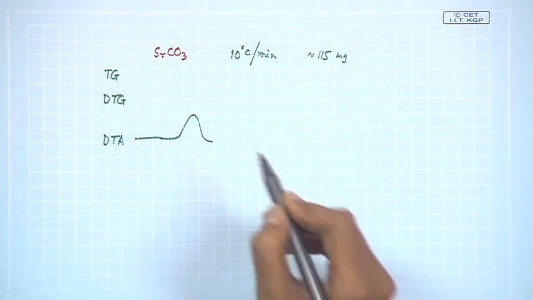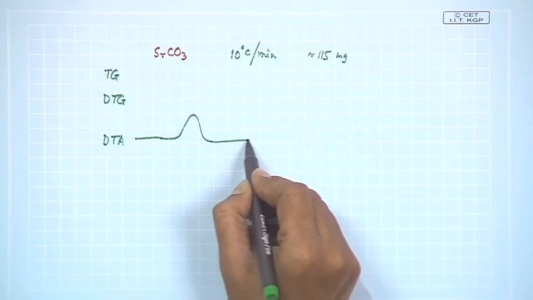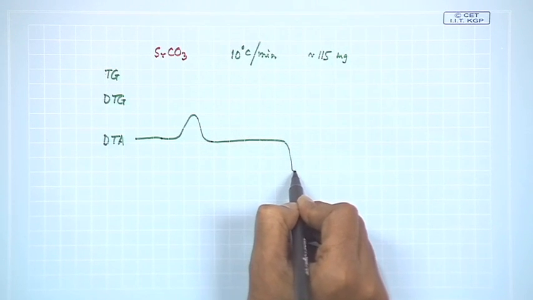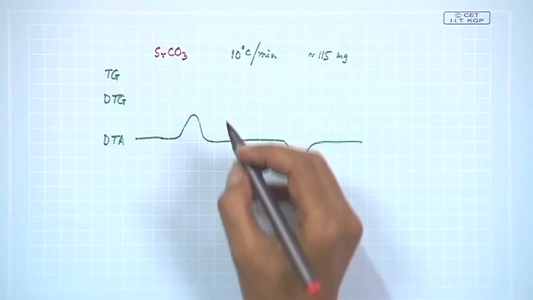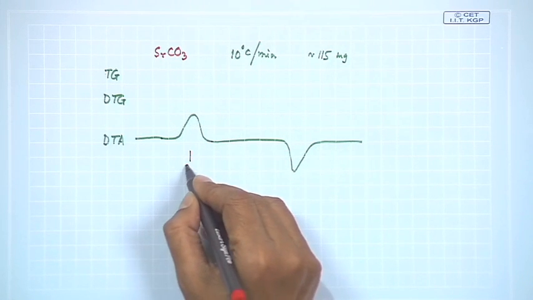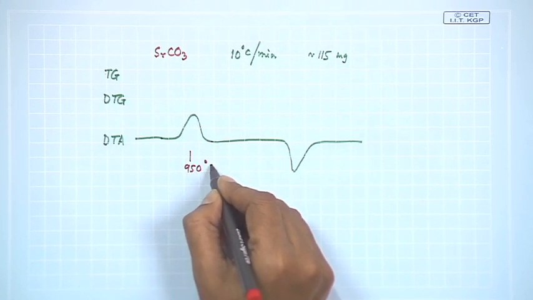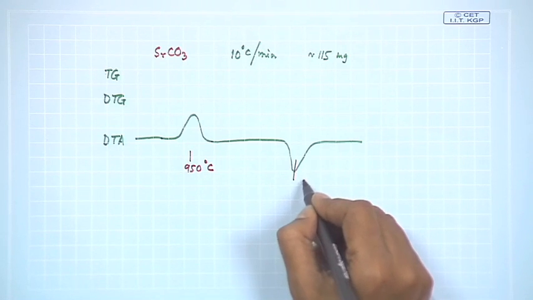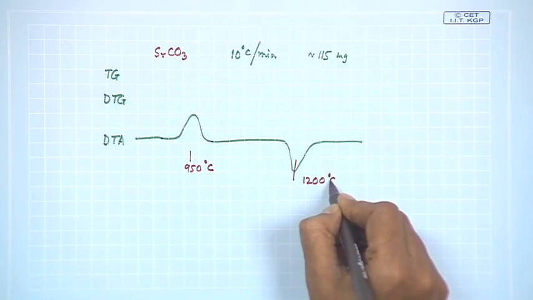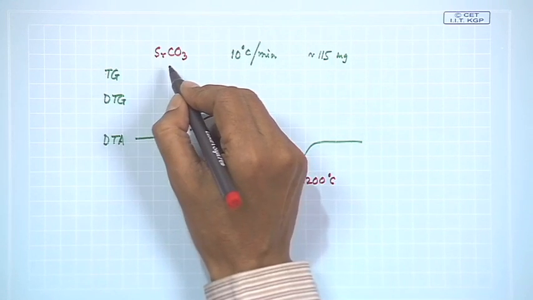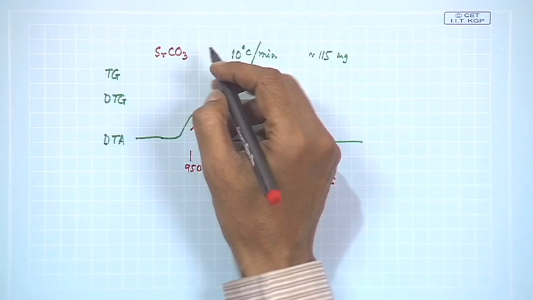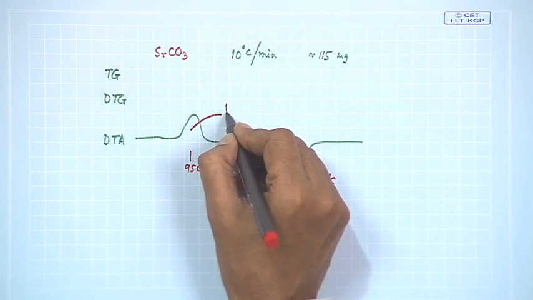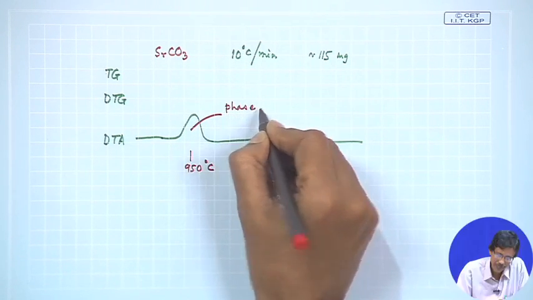But again we get some exothermic plot, and then we have the corresponding decomposition of the carbonate like this. So, this particular plot in this case has to be identified; it is at a very high temperature, not a very small one. So, at 950 degree centigrade, and at 1200 degree centigrade, we find a new thing for this simple strontium carbonate also, unlike magnesium or calcium carbonate. It is due to the corresponding phase transition.